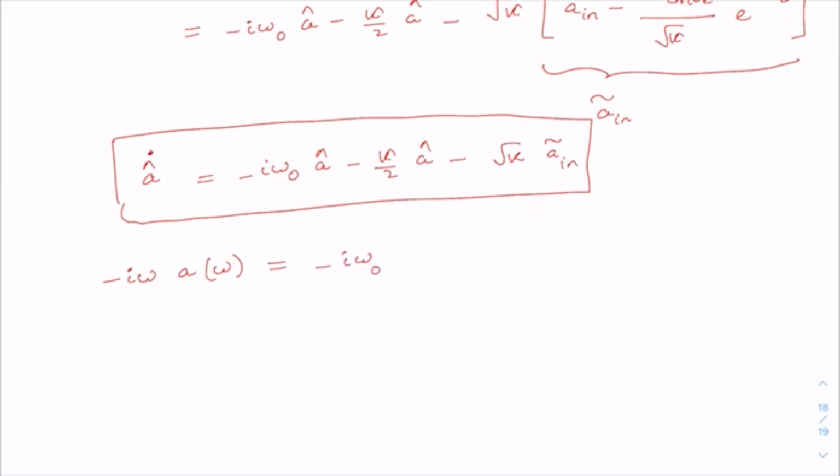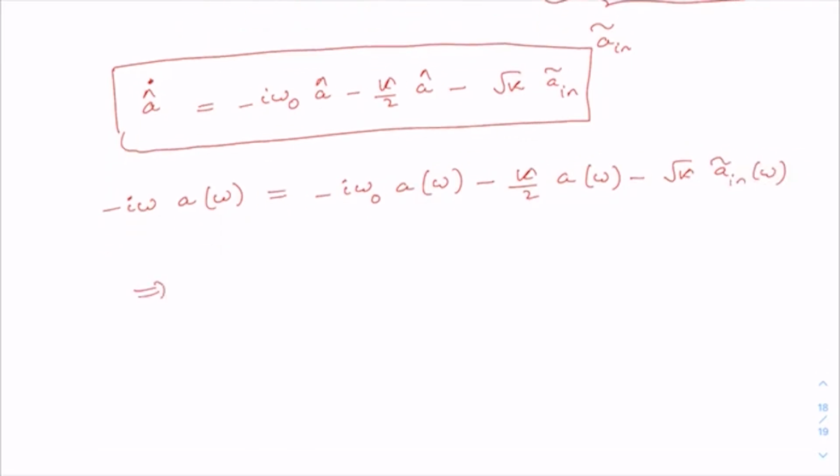We have minus i omega 0 A of omega minus kappa by 2 A of omega minus square root of kappa A tilde in of omega. From here you can immediately get the expression for A of omega. That would be square root of kappa A tilde in of omega divided by i omega minus omega 0 minus kappa by 2.